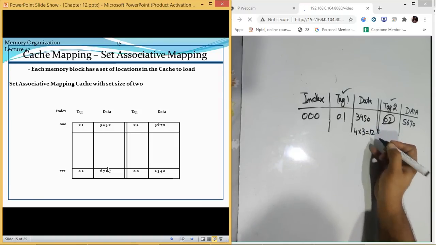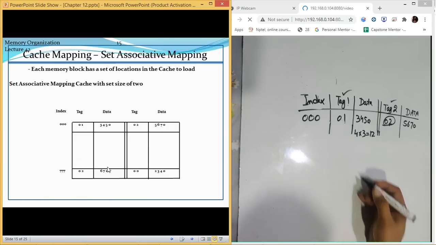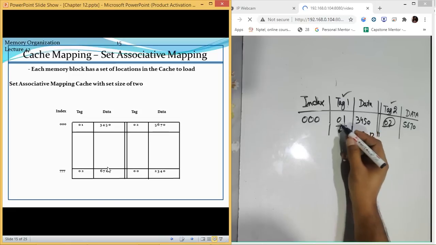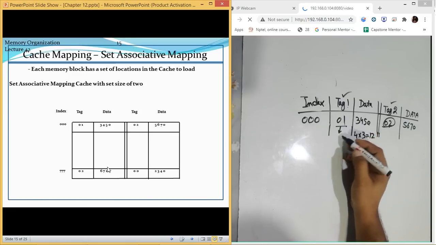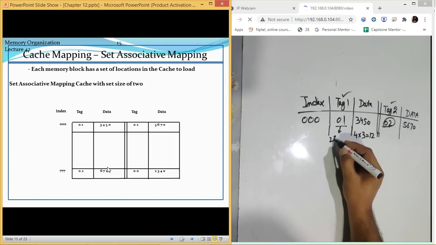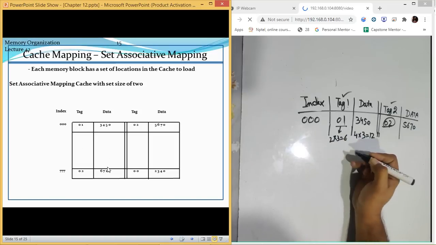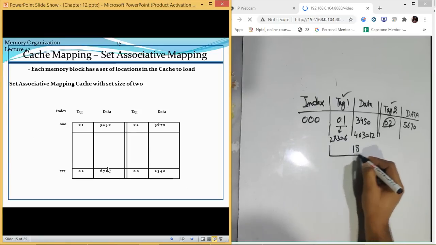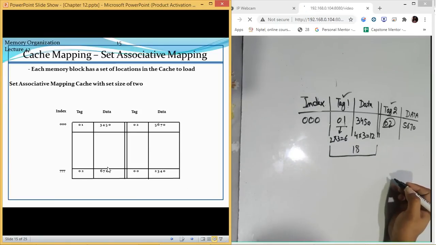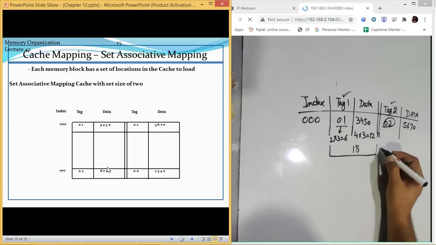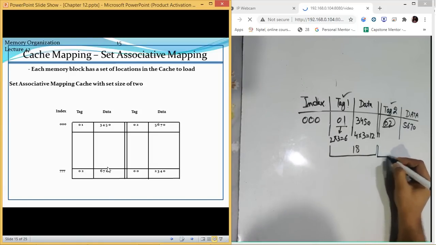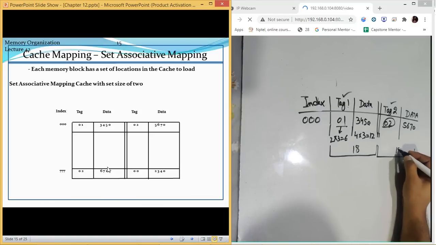So the total number of bits which we require is 12. For storing the tag, this will be 3 plus 3 is 6, so 2 into 3 is 6. So 12 plus 6 is 18. Like to store one tag, we require 18 bits or 18 number of values. So then this is also 18.